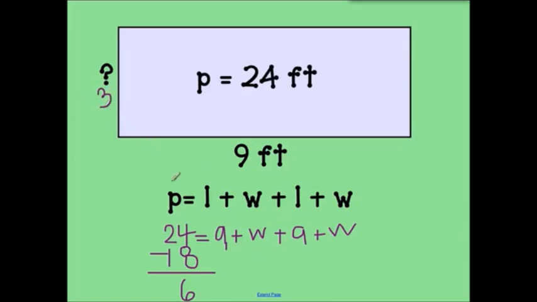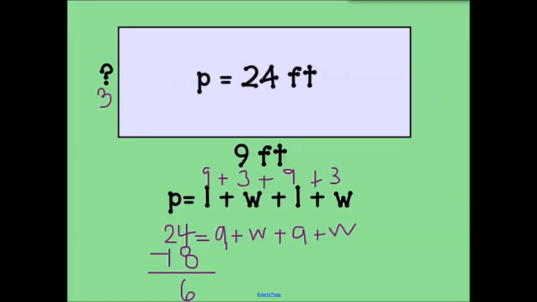And the way that I could check that is say perimeter equals 9 plus 3 plus 9 plus 3. The way that this works is when I subtracted my 18, what I have left over, the 6, is telling me that that is both of my widths added together. And I have to always divide by 2 to get a single side, not both sides added together.